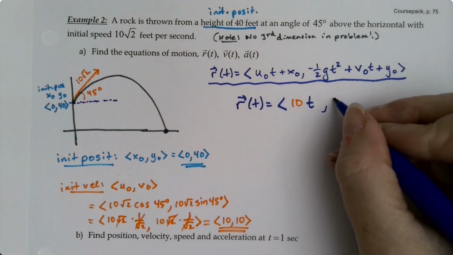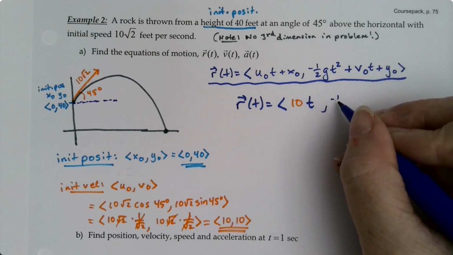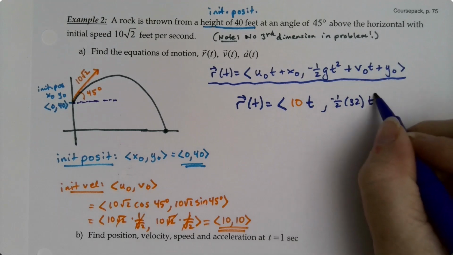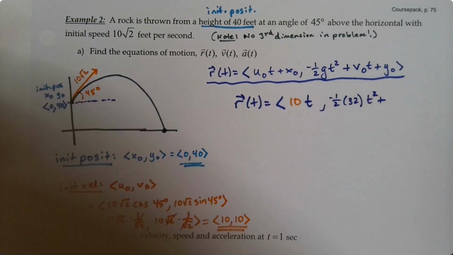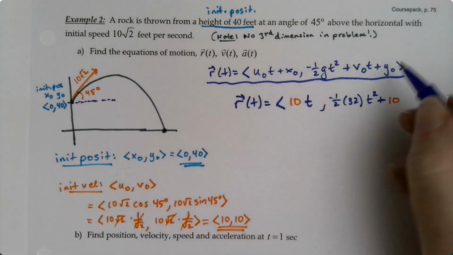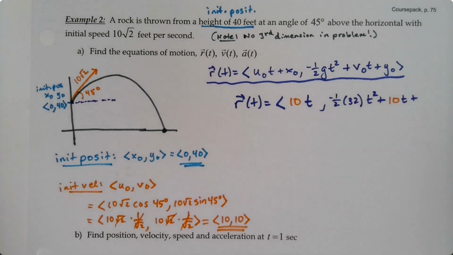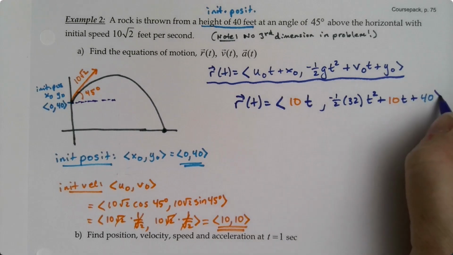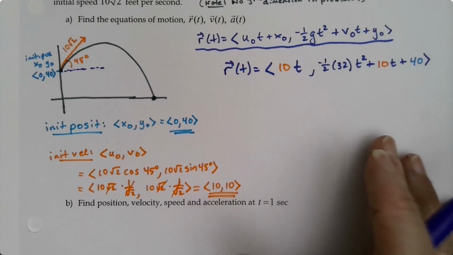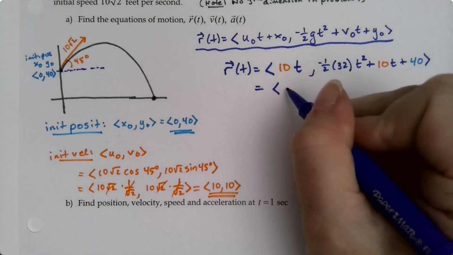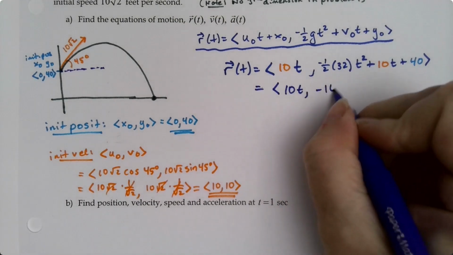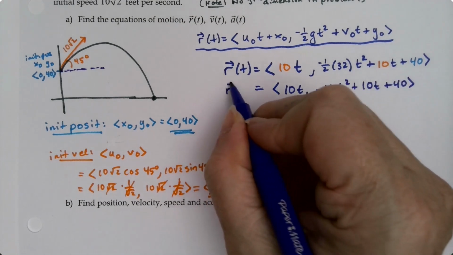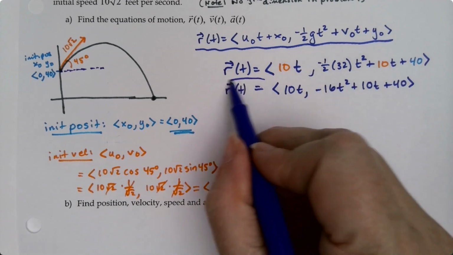So it's negative 1/2 times 32 t squared plus v0, which is 10 t, plus y0, which was 40. And usually we don't leave the negative 1/2 times 32. That's just kind of bad form. So this is 10t, negative 16t squared plus 10t plus 40. There's your position function, r of t.